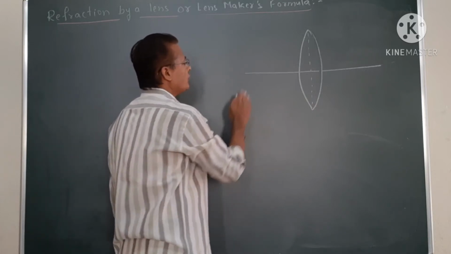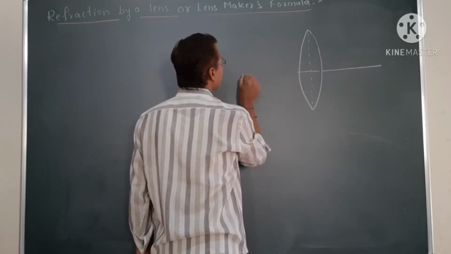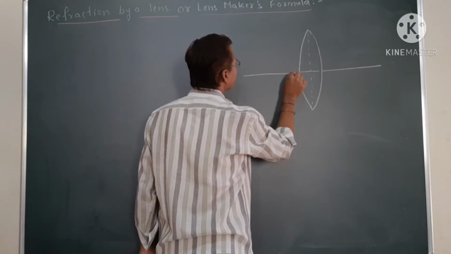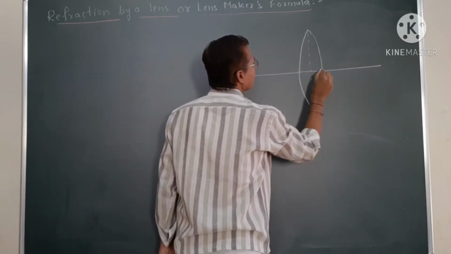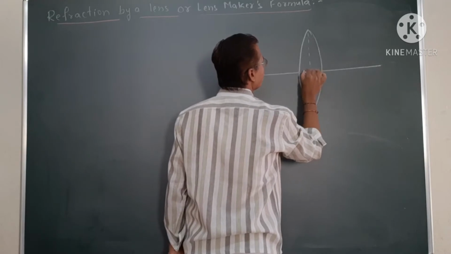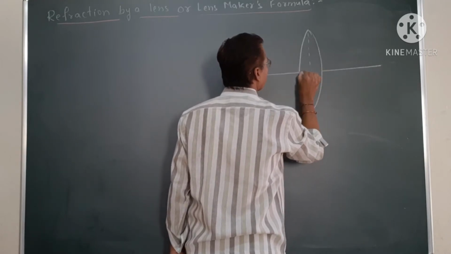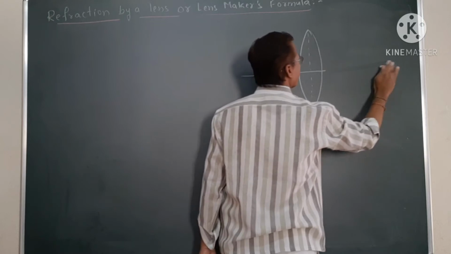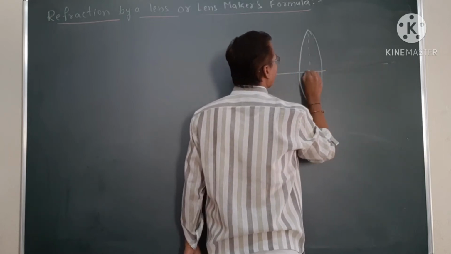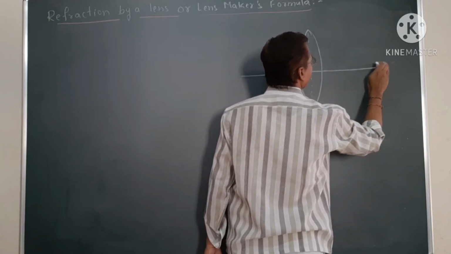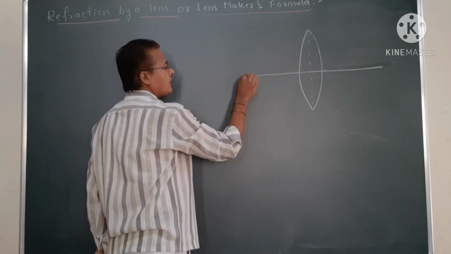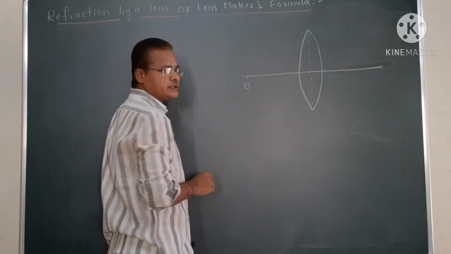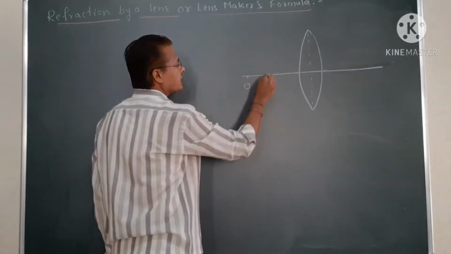Whenever a ray passes through the optic center and the center of curvature, there are two centers of curvature. This is the object O, placed in front of the lens.